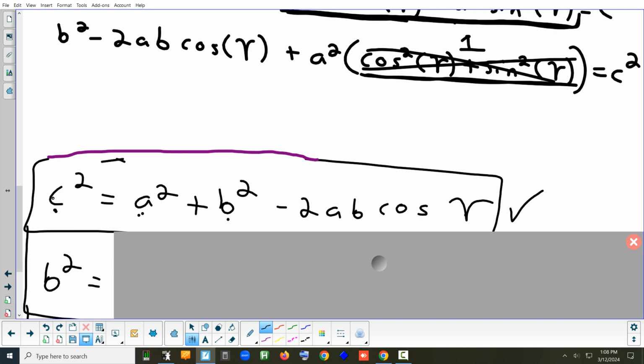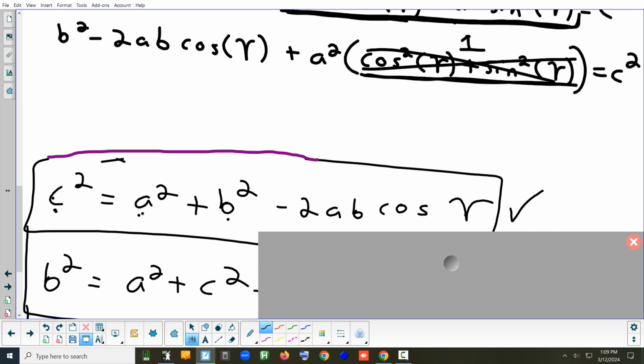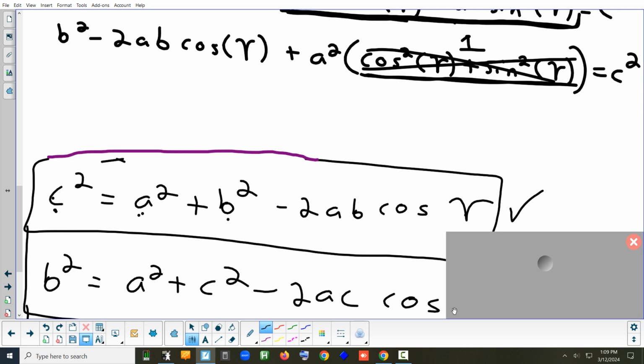Following that same pattern, if I start with b squared, what do you think I would have in these two spots? A squared plus c squared. And then what would come after it? Minus 2ac, 2 times the letters you just put right before it. And then cosine of what angle? Beta.